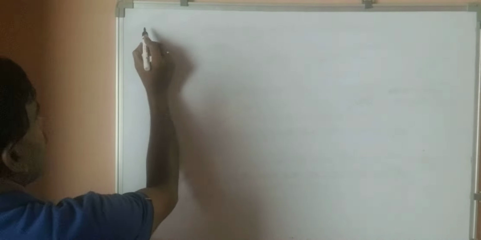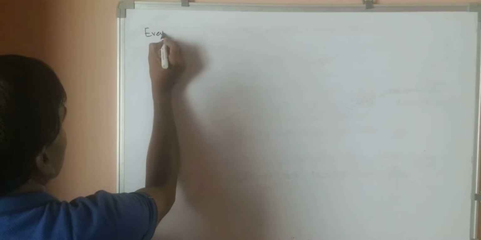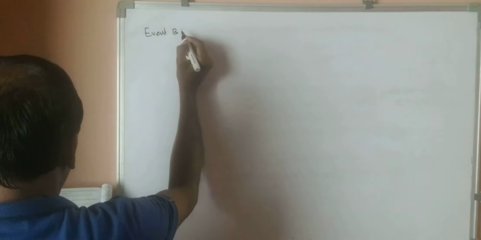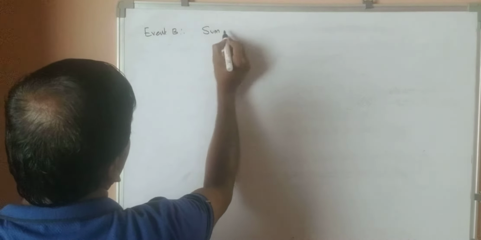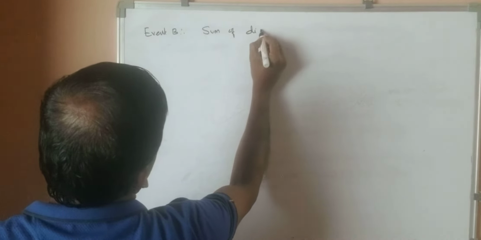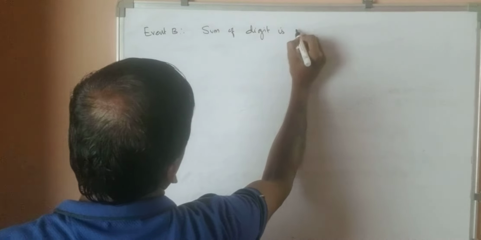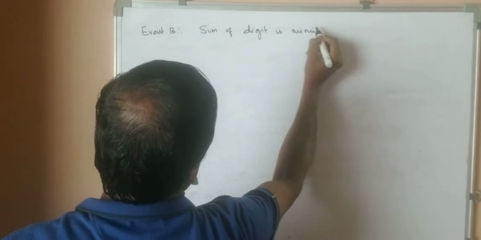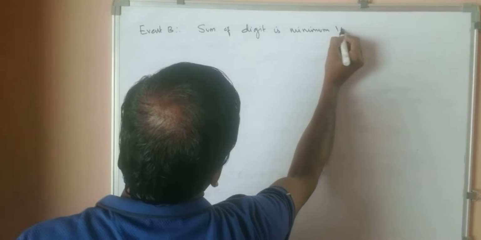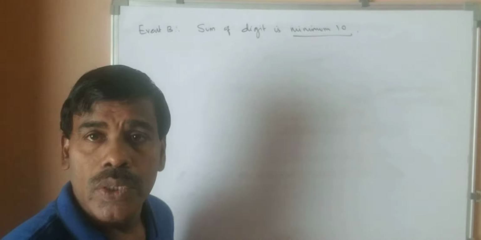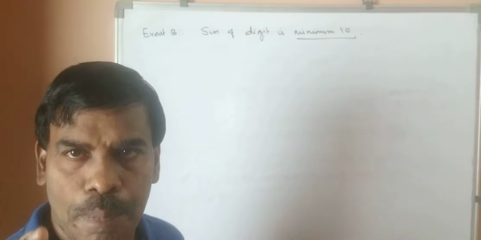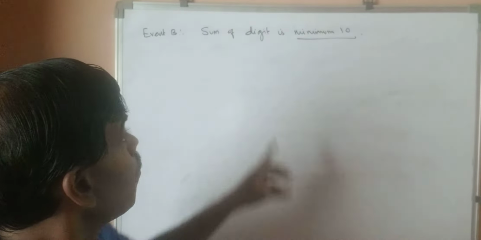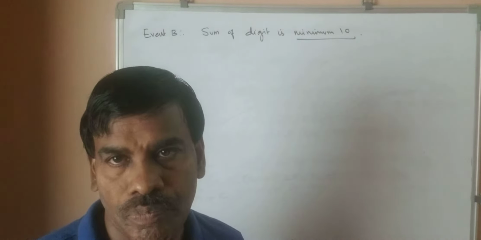Now, in this they say event B. Sum of digits is minimum 10. See, in the sample space, you take the pairs of faces, you add them, and that should be minimum 10.